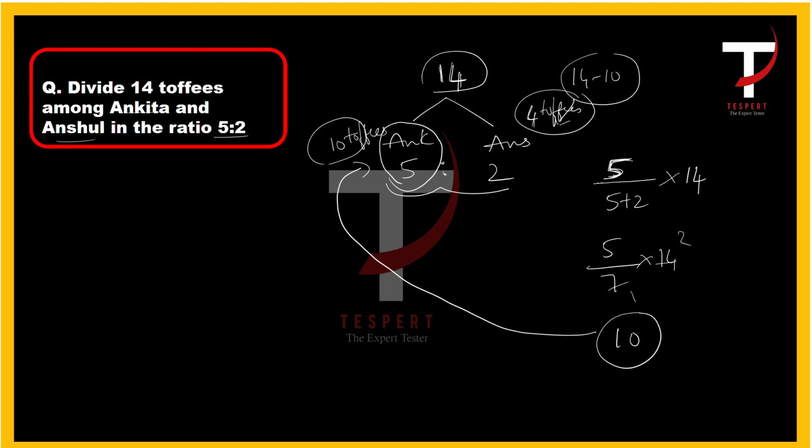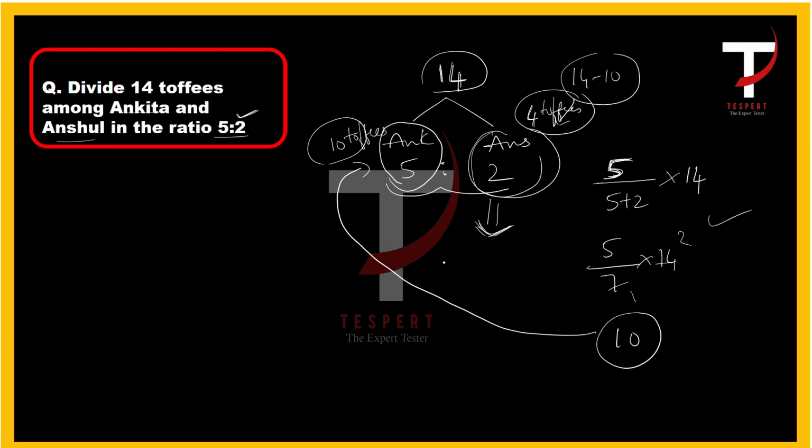But if we want to calculate separately, how can we? If we want to find out how many toffees Anshul gets, we can calculate like this. The ratio is 5:2, so what is his part? 2.